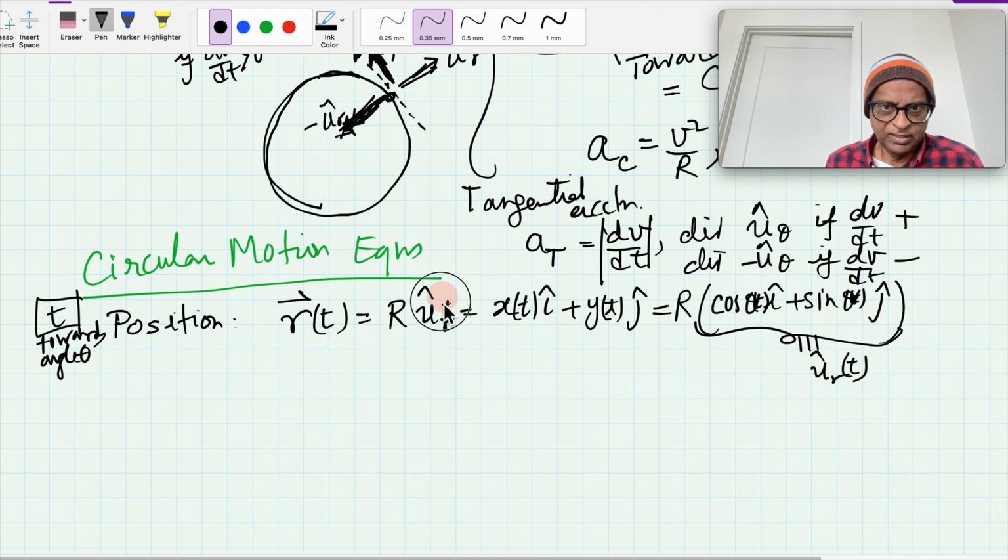So this is where the particle resides at time t, and the velocity is going to be v of t.